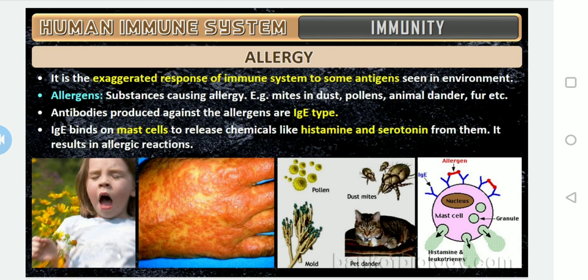Okay, and the substances to which such immune responses are produced are called allergens.